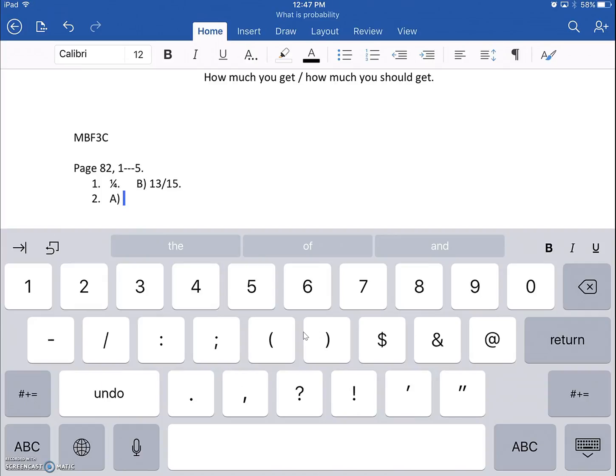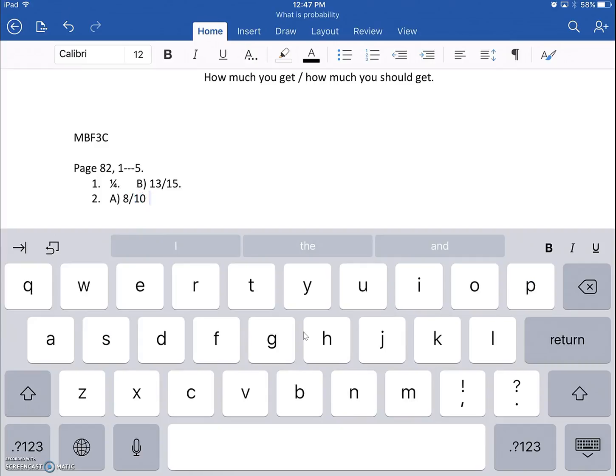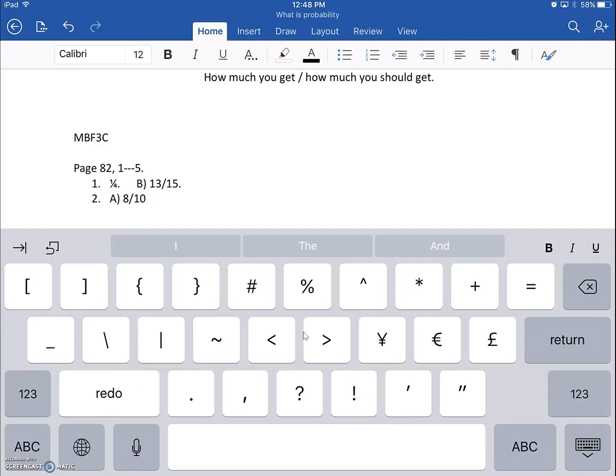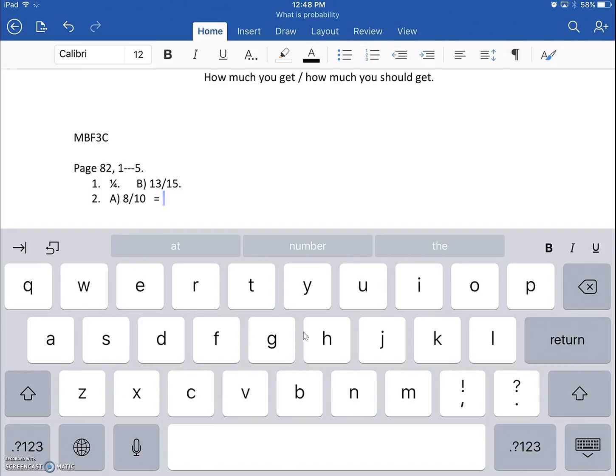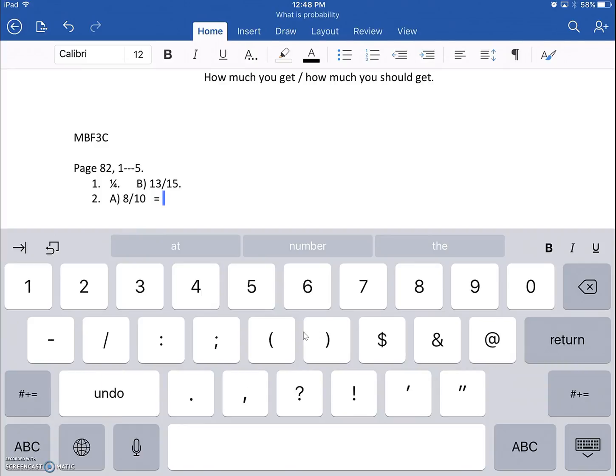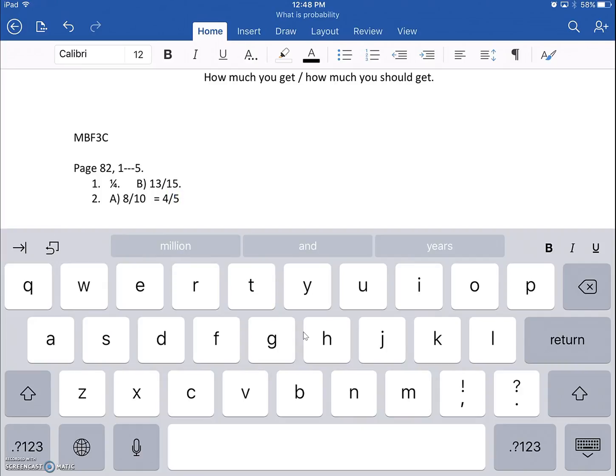Let's write down 8 over 10, because you toss the coin 10 times, and 8 times are heads up. Let's simplify this one. Both divided by 2, so 4/5. Yeah, it's right.